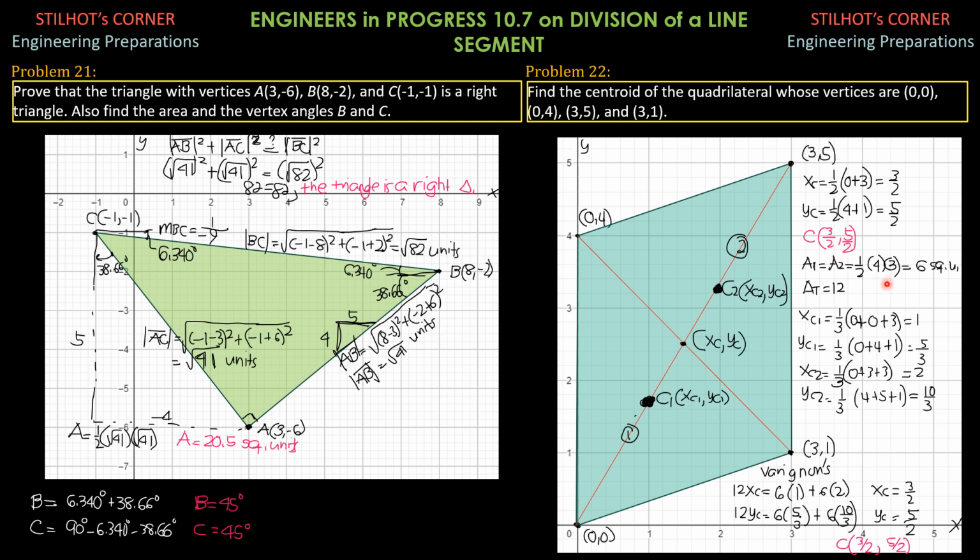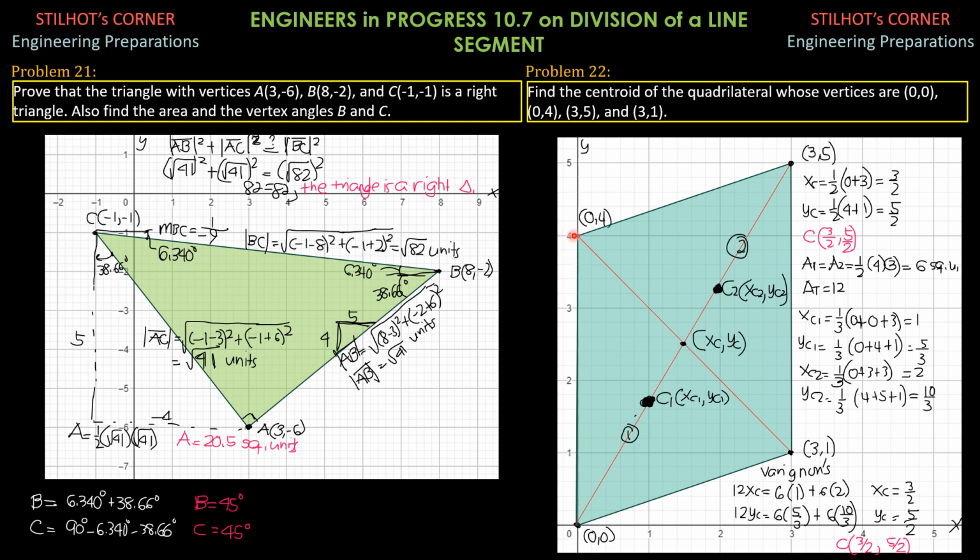Another way of solution. Then we generalize the solution by dividing this into two triangles, this triangle here and that triangle there. Since this is a parallelogram, either of these diagonals divides the parallelogram into two equal areas. So if this is area 1 and that is area 2, area 1 equals area 2.